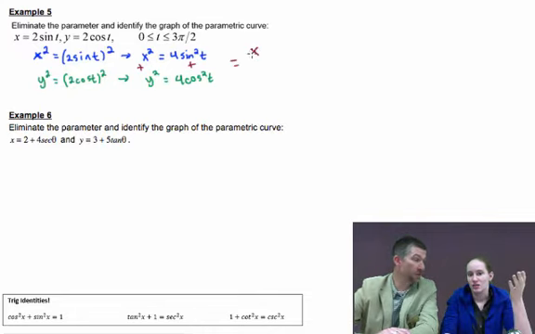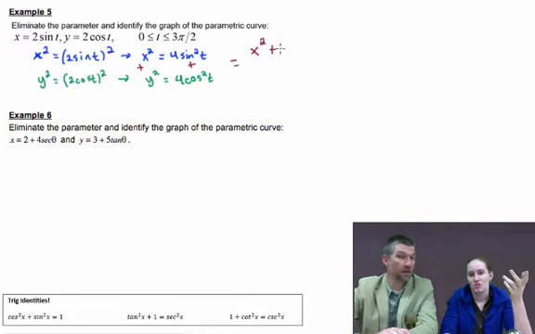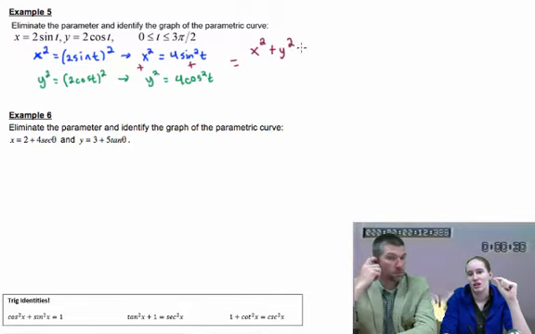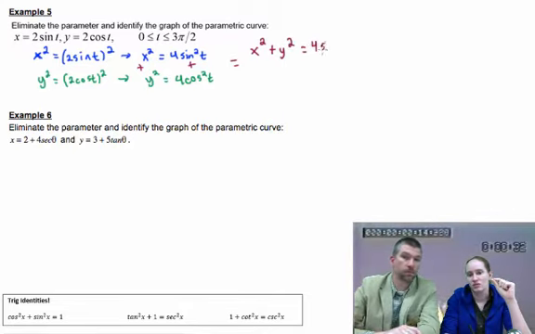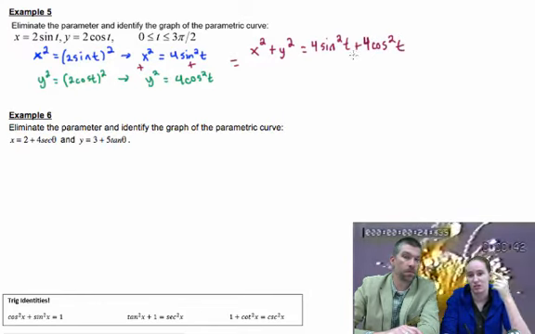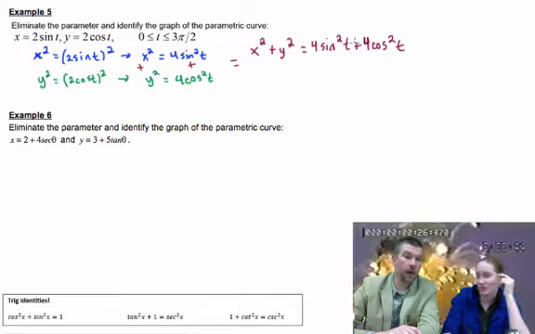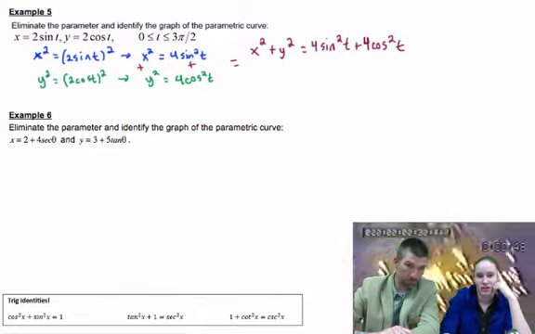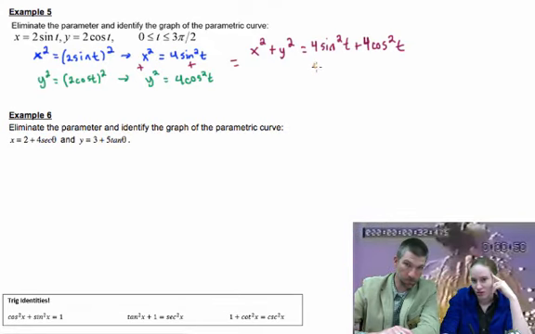We have to add both sides, because if you don't, then life could get nasty. So on the left side, we'd have x squared plus y squared. That equals 4 sine squared t plus 4 cosine squared t. That may not seem super helpful at first, but watch what happens. Factor out the 4.